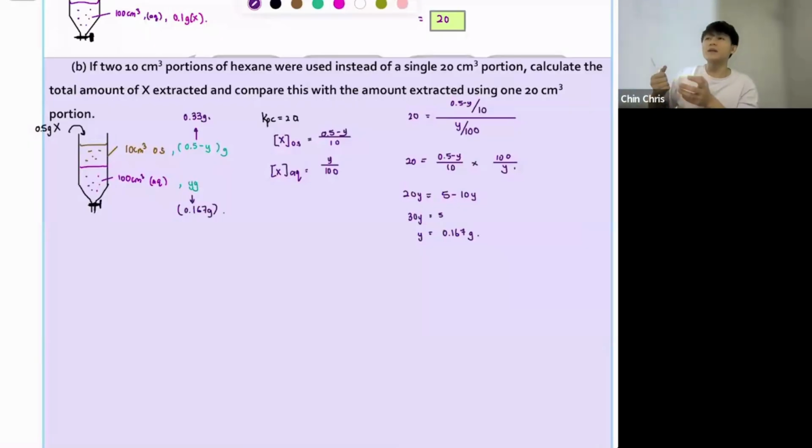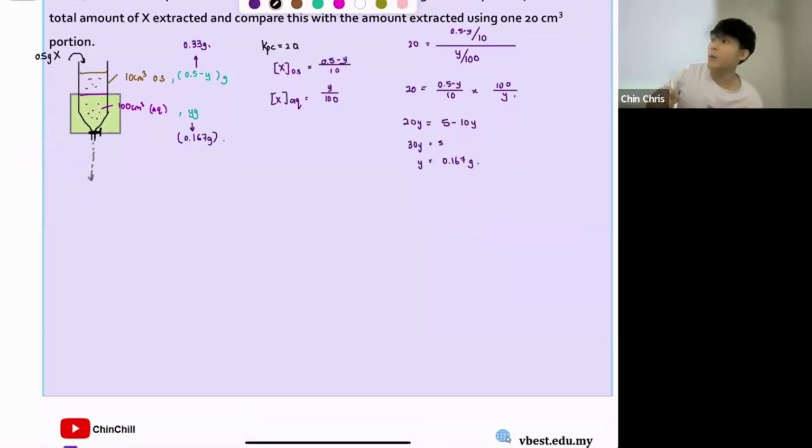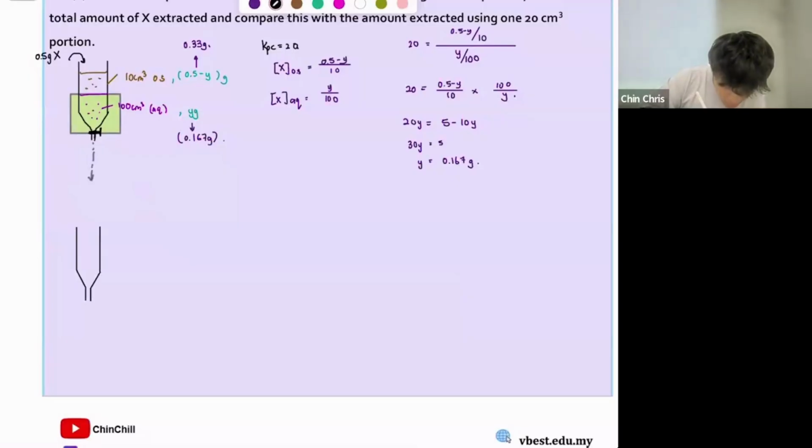So guys, for double extraction, after you shake, you take this entire volume and you discharge it. Which is why a diagram helps, because you need to know how it is done. Then you discharge into another separating funnel, and guess what you're doing?